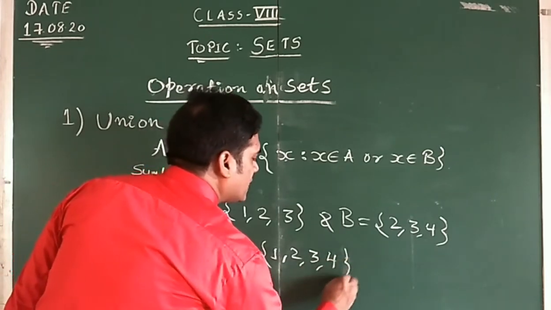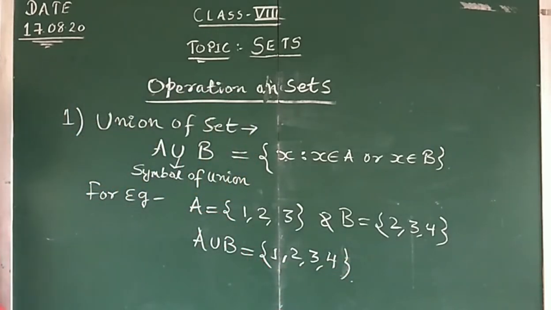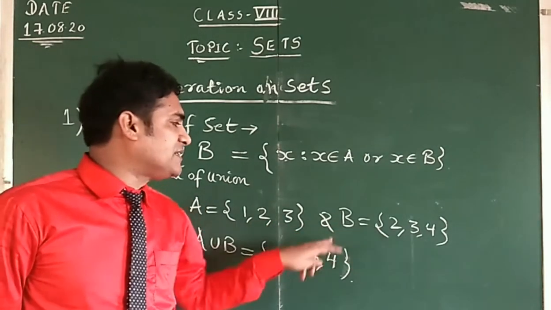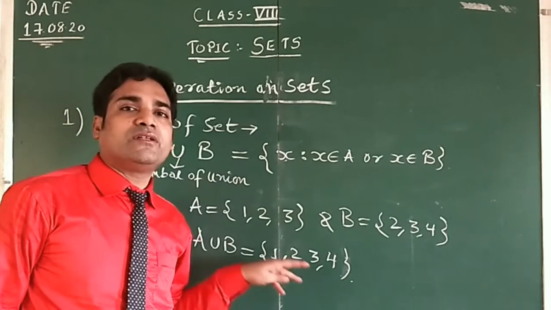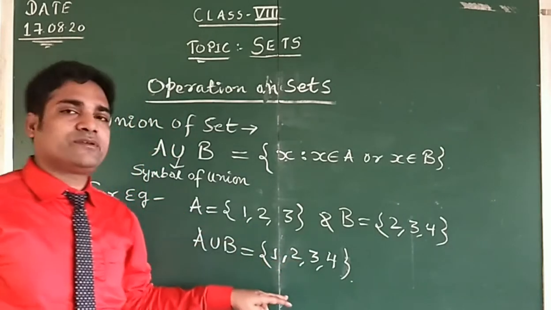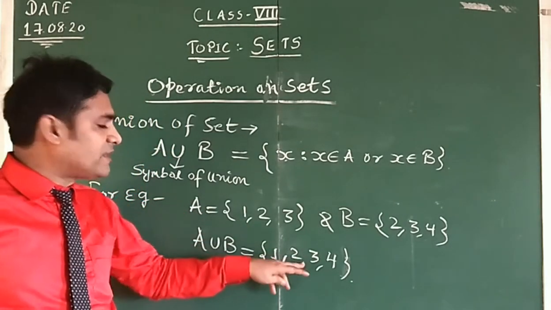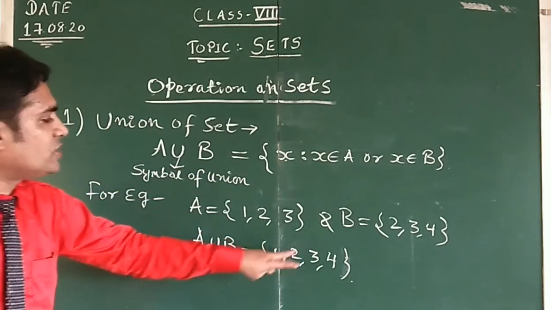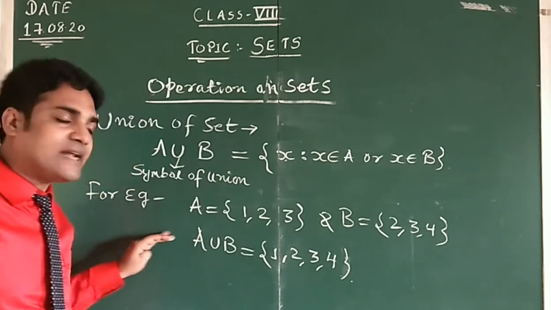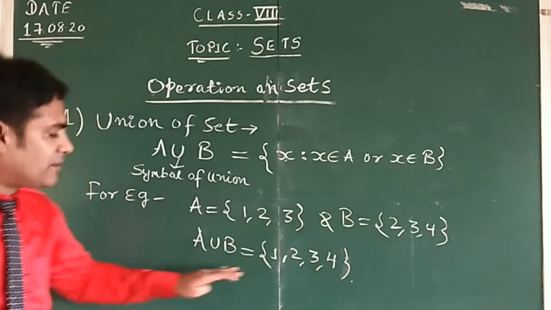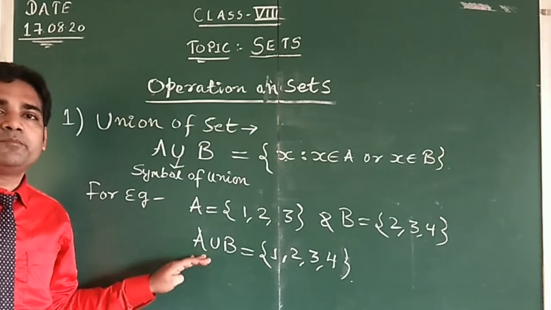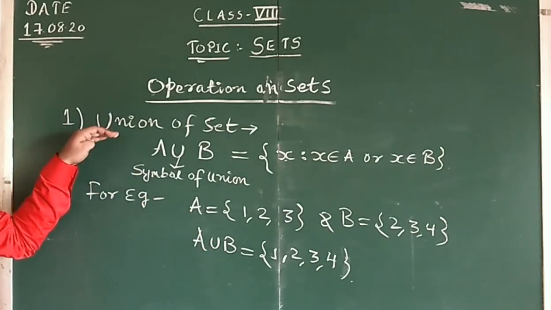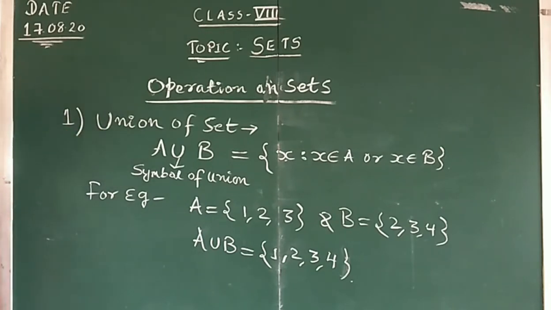Please keep in mind that 2 and 3 are repeated in set B also, but we write them only one time. All the elements of set A and all the elements of set B come under A union B. So this is the operation of union in sets.